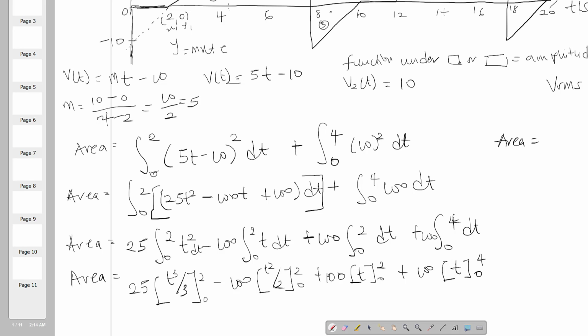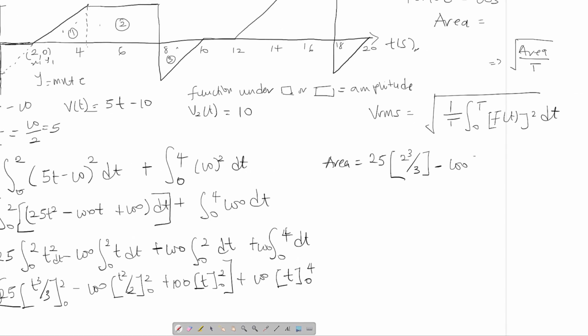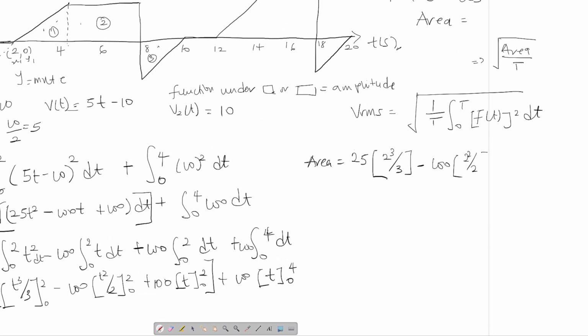So then we can say that area is equal to, this was the one in bracket, if you could remember. You shouldn't forget, because this is the area for just one sawtooth, but we have 2. So then by substitution, you can say that 25 is going to multiply 2 cubed on 3 like this over here, minus 100 times 2 squared on 2, plus 100 times 2, plus 100 times 4 here. But this is the one in bracket.